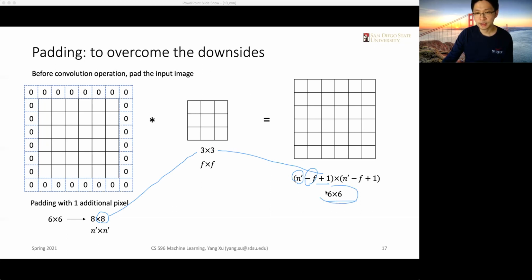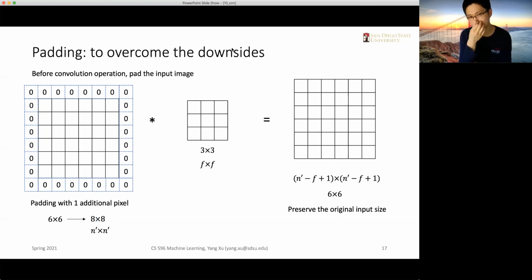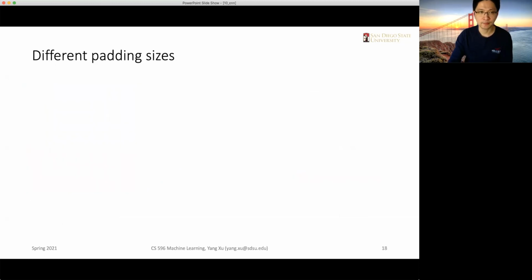And the 6 by 6 is the same size as the original input, which means we preserve the information. We preserve the original input size.